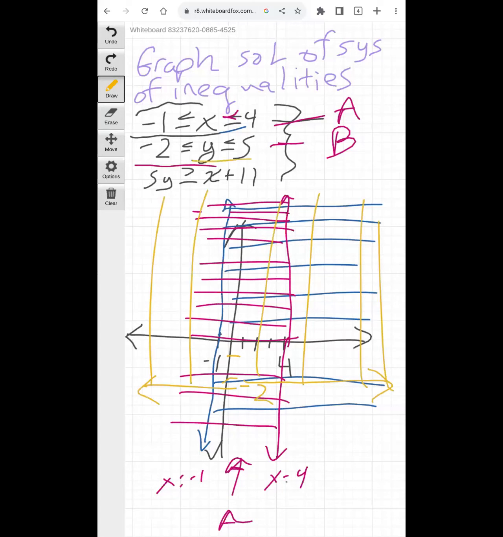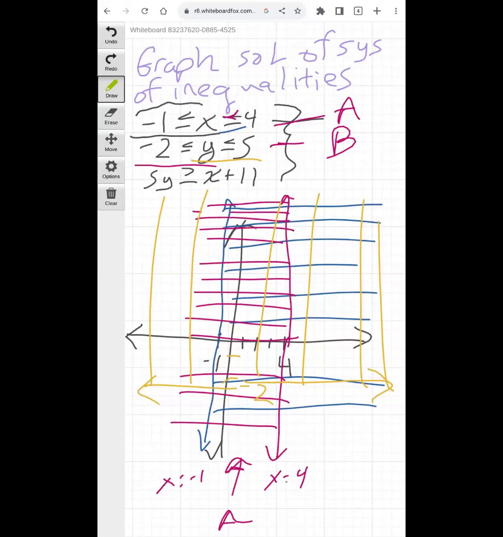Then we look at the second part of the inequality, which is all values for y that are less than or equal to 5. So let's see if we can find another color here. We graph the horizontal line y equals 5, and shade all areas less than or equal to 5.